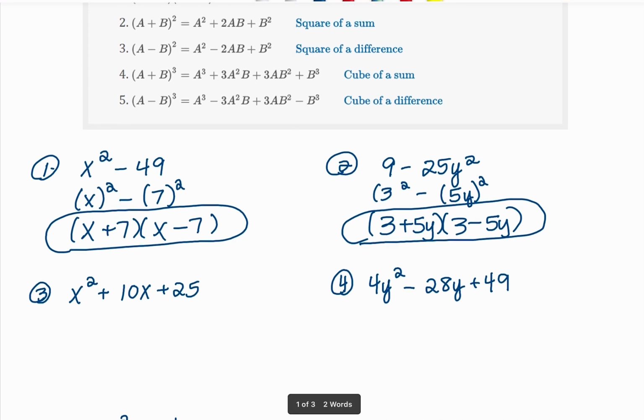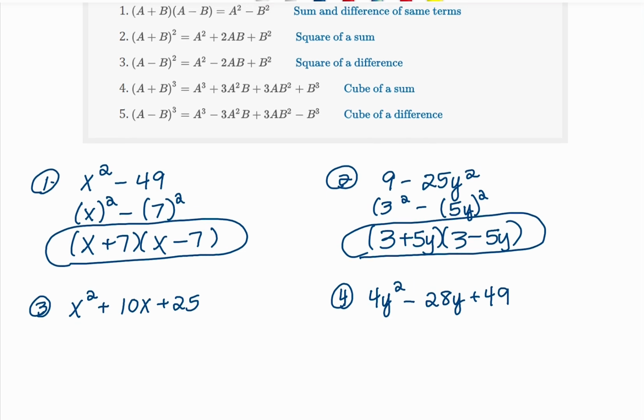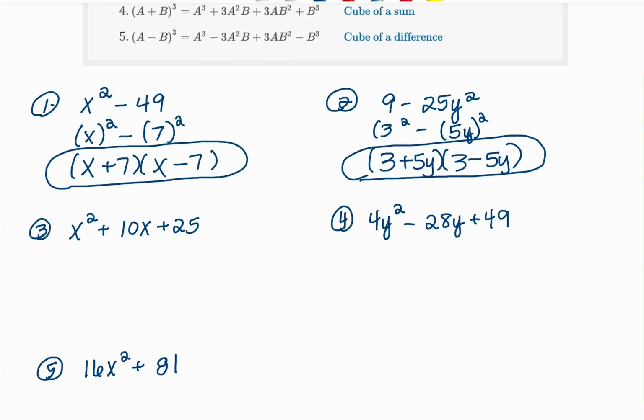Okay, if you look at number 3, we have a trinomial. Okay, so you see we got a trinomial down here. And it actually fits this pattern here, and we're going to factor that to the square of a sum. Okay, so let's talk about how you know it fits that pattern. So you have an x being squared here on the front.